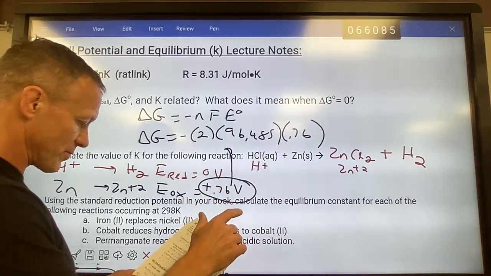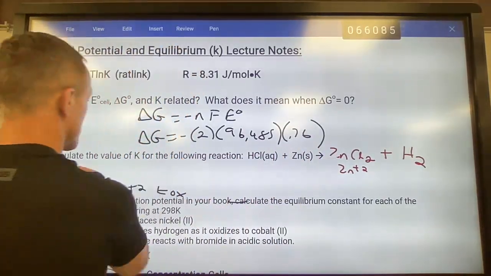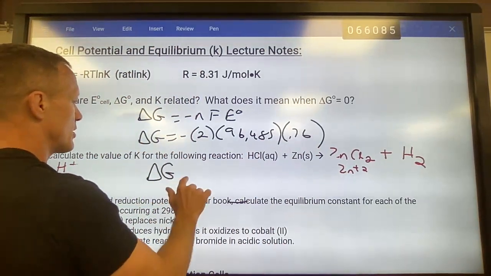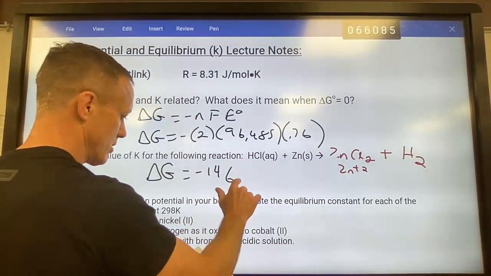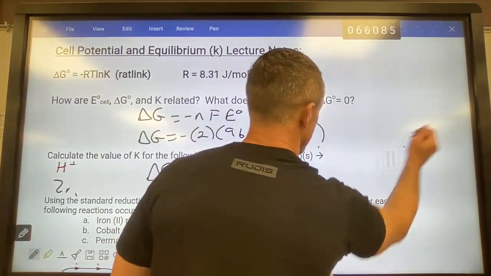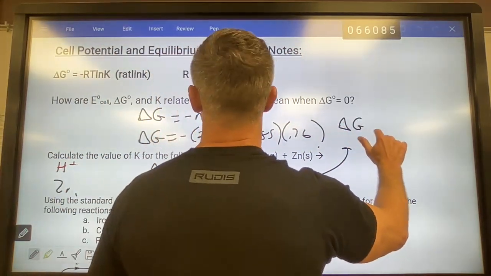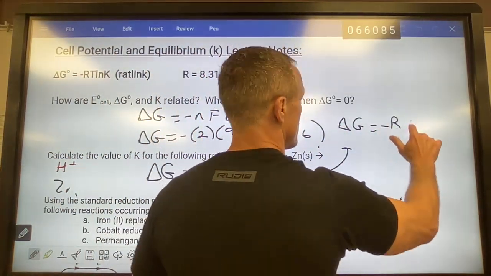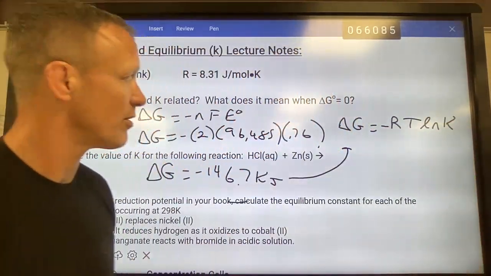So get your delta G there. Delta G is negative 146.7 kilojoules. Now I can take that and plug that into delta G equals negative RT ln K. So our K value is our equilibrium constant there.